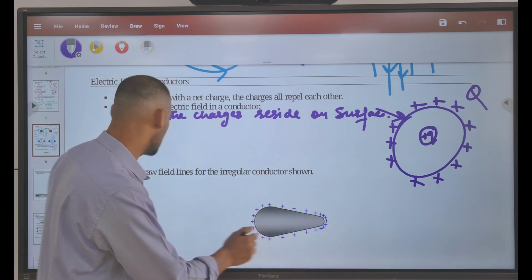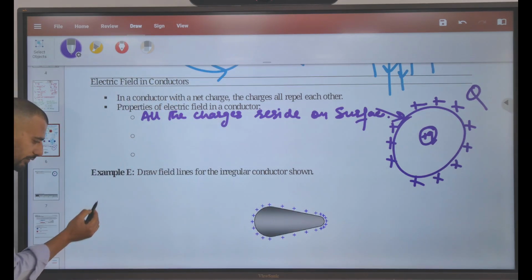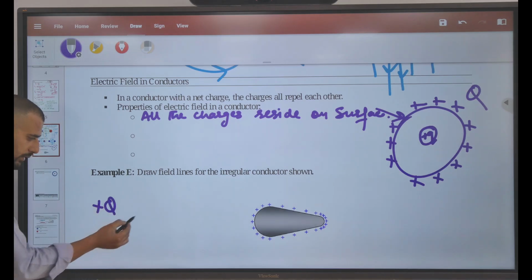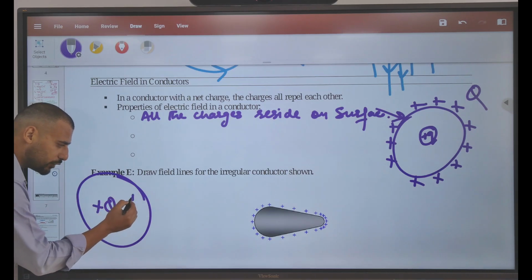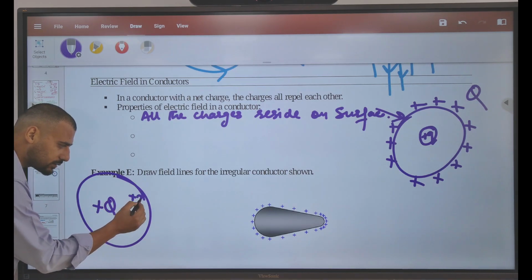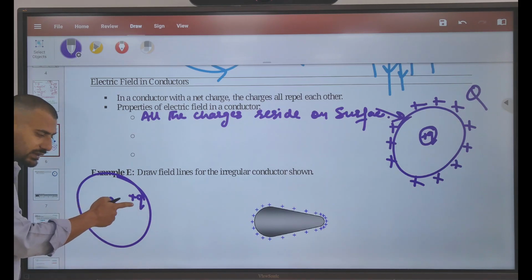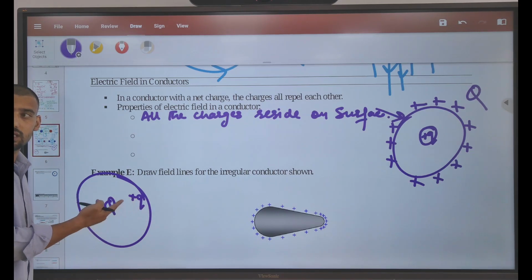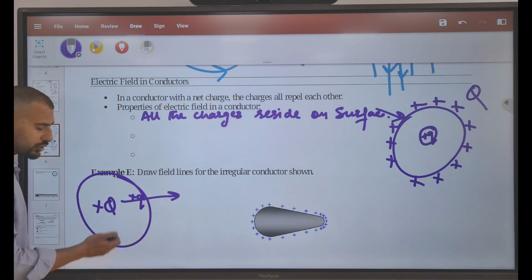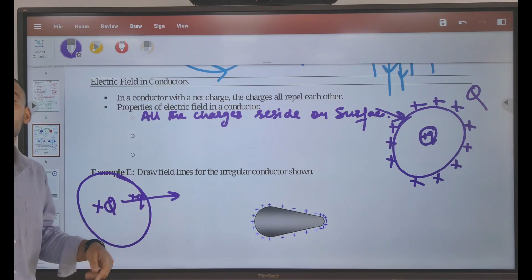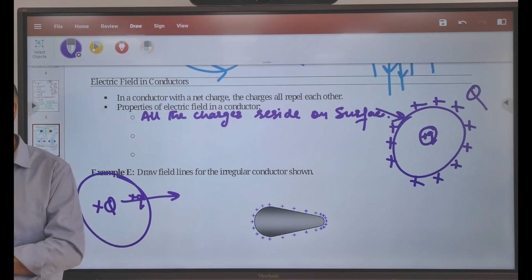See, let me ask you another question. For example, you have a charge here. This is its field, okay? And inside this field, you place a test charge. Now tell me, what will this charge suffer? Repulsion or attraction? Repulsion, right? So there will be repulsion on this charge because it is present inside the field, isn't it?